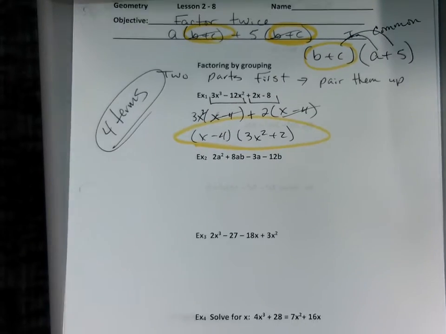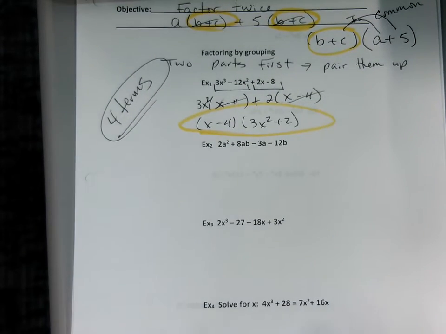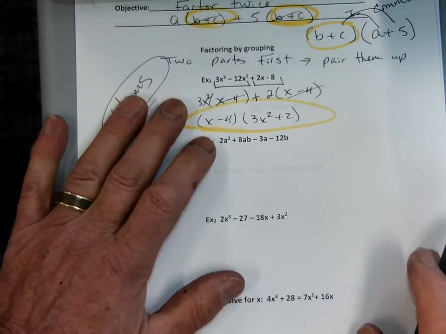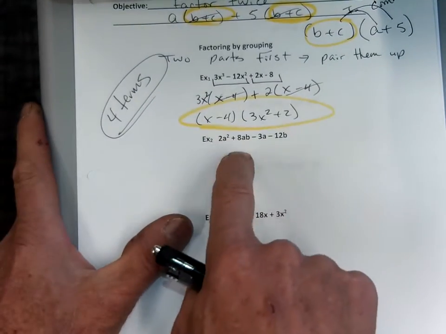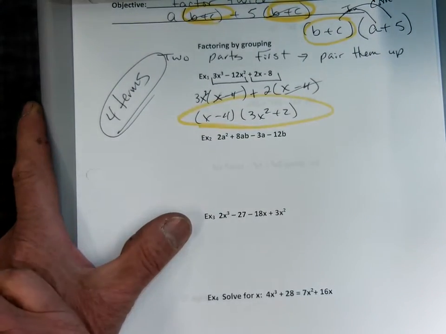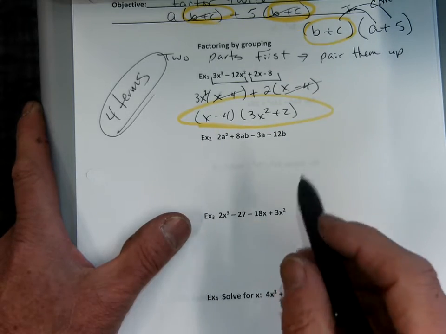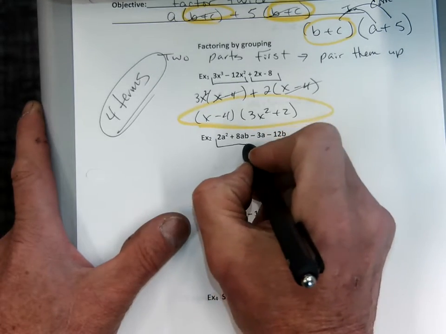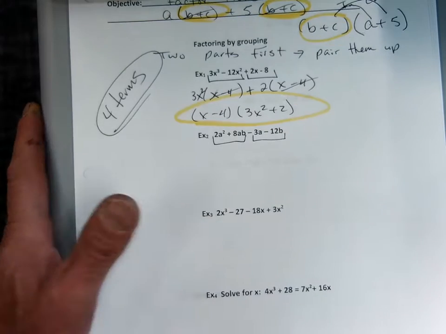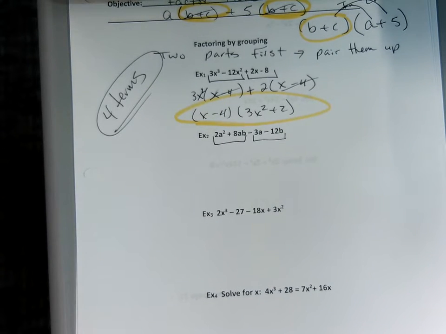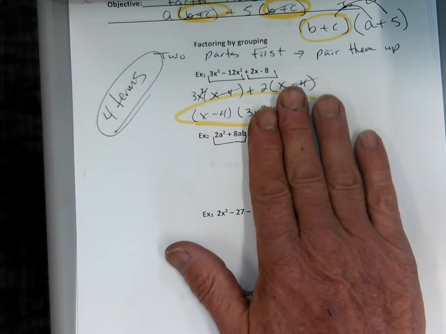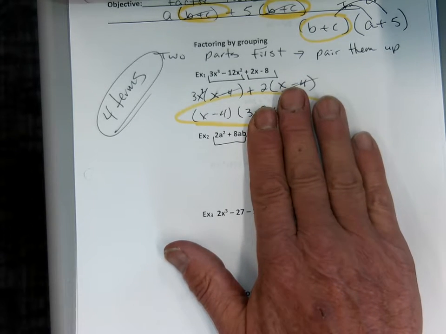Let's take a look at the next example, example 2. 4 terms. 1, 2, 3, 4 terms. You guys agree? If you have 4 terms, we're going to do it by grouping, so pair them up. These 2 with these 2, okay? Always. All right? So let's cover this up and ignore it for right now.